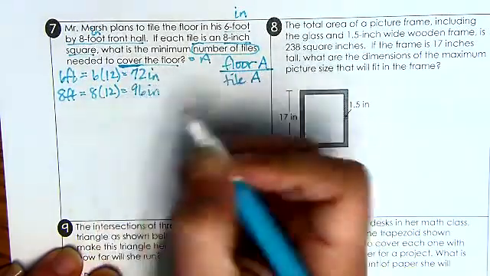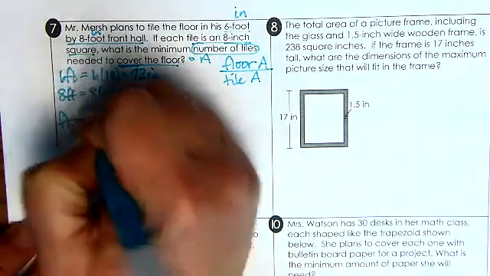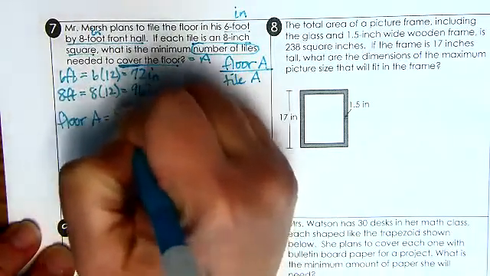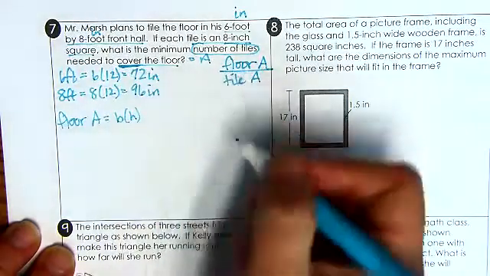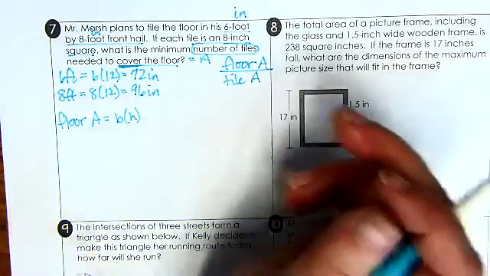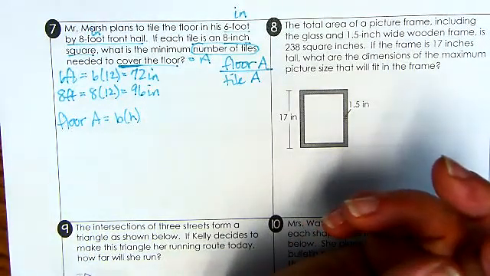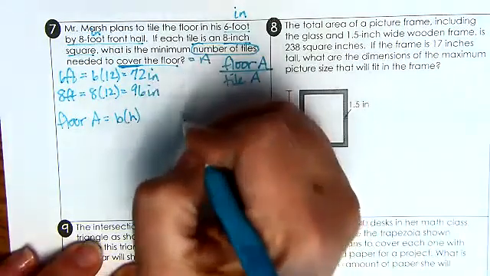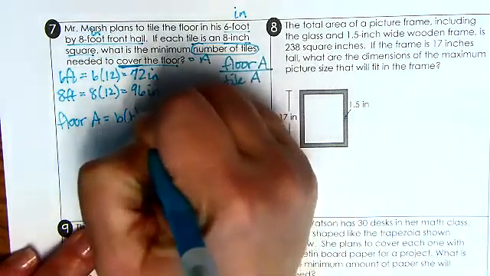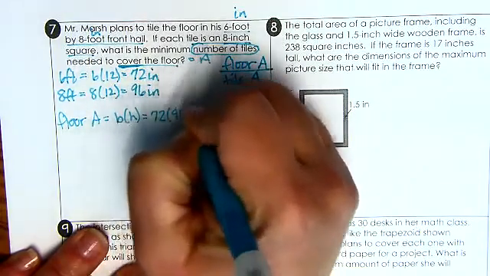96 inches. So now when I'm finding the floor area, we're doing base times height, okay? And you assume that it's a rectangle because most areas, or it would have been better if it said a rectangle here, but it's assuming that you know that. So I'm doing 72 times 96.